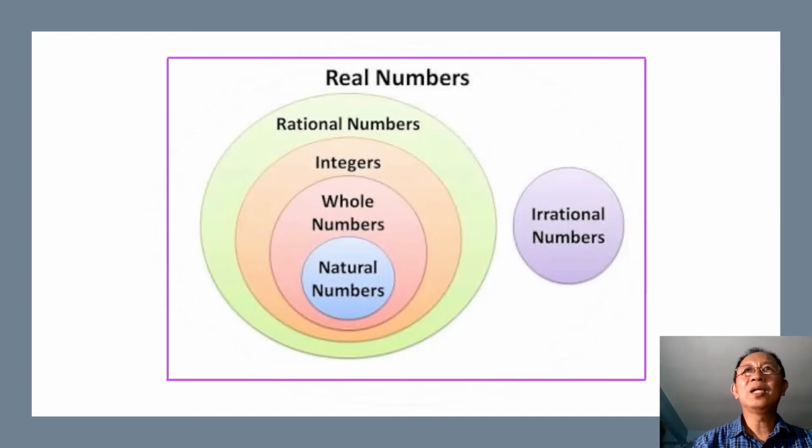Lahat ng elements na kinoconsider natin nasa loob ng universal set. So our universal set here is the set of real numbers. So ito yon. The set of real numbers is divided into two groups, the set of rational numbers and the set of irrational numbers. So sa set ng irrational numbers, dito yung pi.